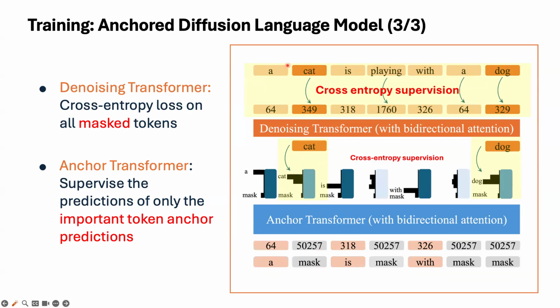You know what the sequence is. So say this thing is a cat is playing with a dog, and this is the output of your transformer. Just like in any normal thing, you put a cross entropy loss between this and this. What extra thing we're doing is a second cross entropy loss on this reasoning space, but only on the anchor tokens, what we think is anchor position. The rest, there is no supervision. And then you train this end-to-end.